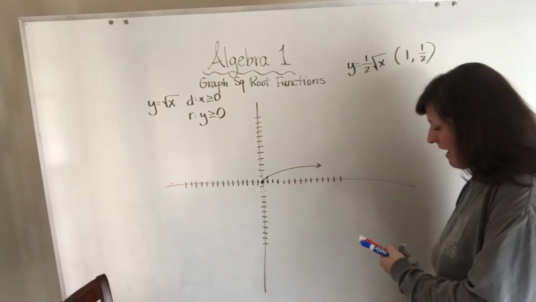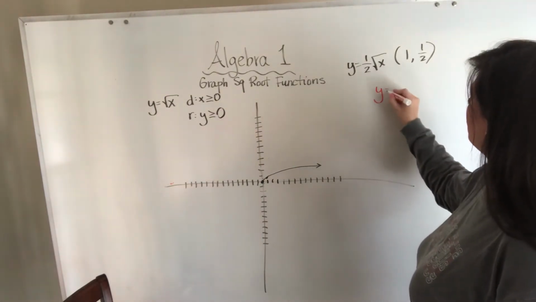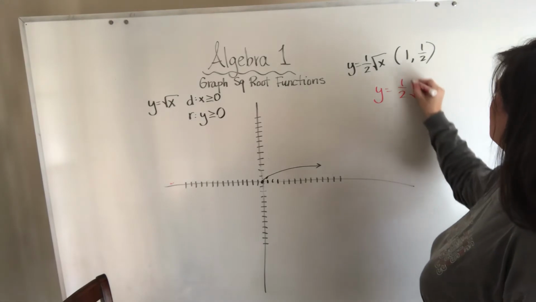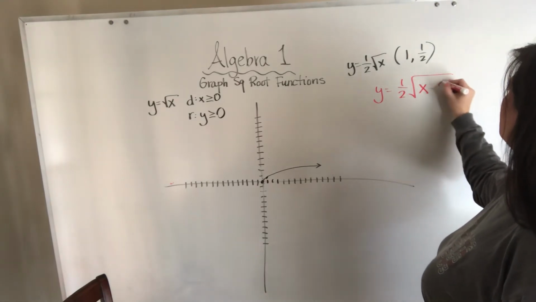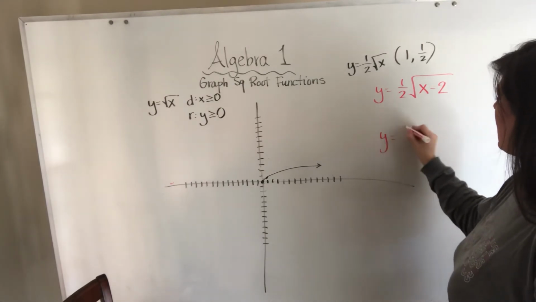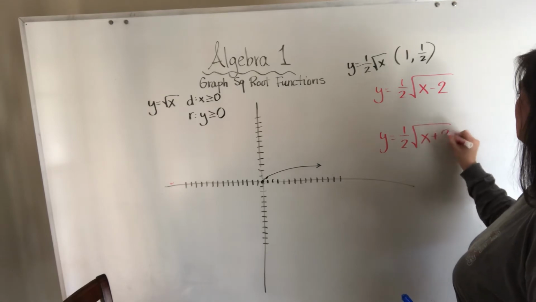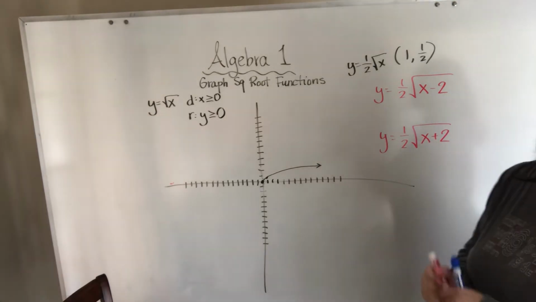But here it's 1, 1/2. So what if I have y equals 1/2 square root of x minus 2? Okay, there's two options. I have 1/2 the square root of x plus 2. Okay, what do those look like?